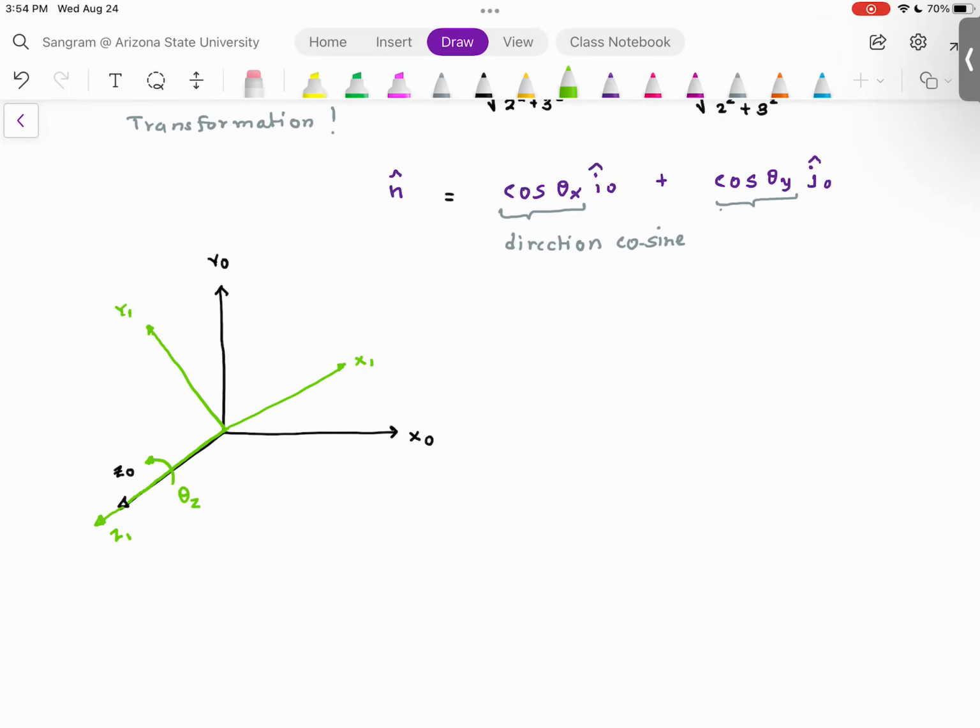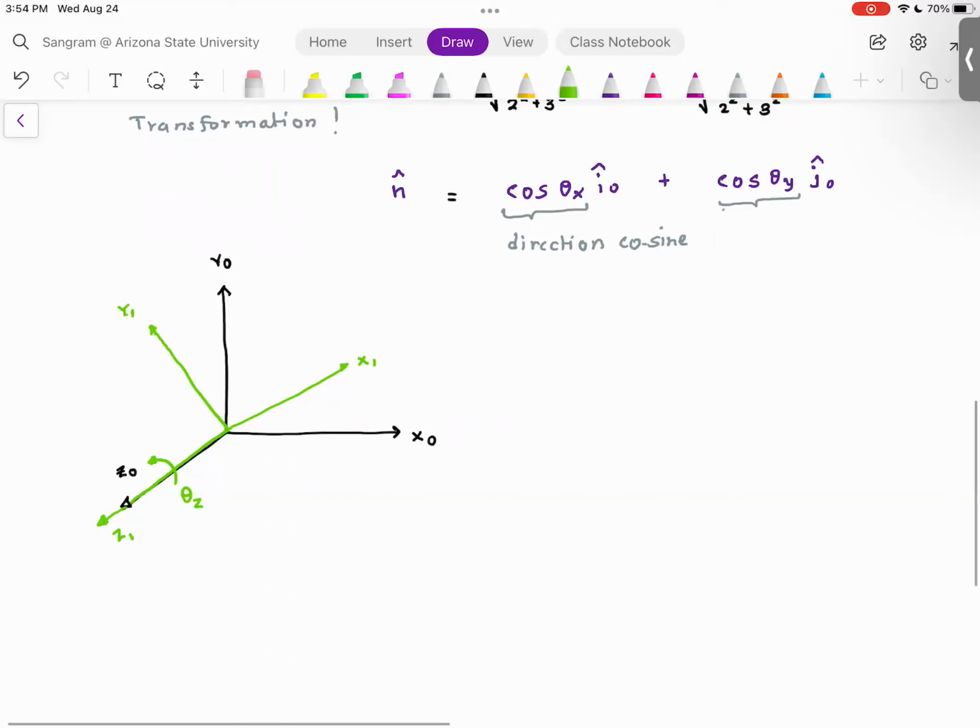Okay, now what I want to do is come up with this rotation matrix. The rotation matrix is this 3 by 3 matrix. And if you follow any textbook, they will draw the perpendiculars, and then they will try to find the resolution and so on.